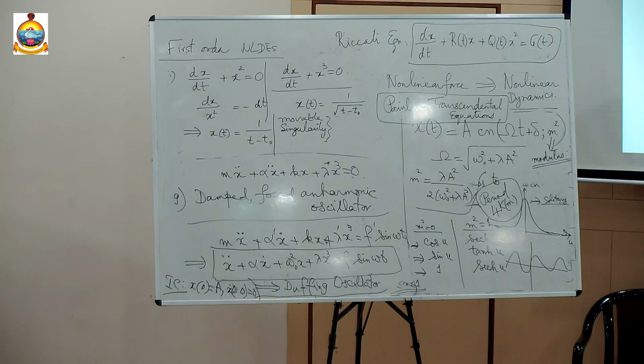Until f equal to 0.3437, you have just one maximum value, that means period 1. But then at that critical value, you have two possible values like this. So this is period 2, then period 4, period 8, etc., in a very narrow range.